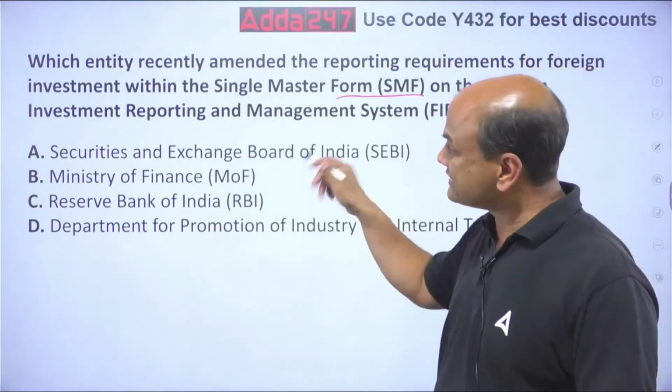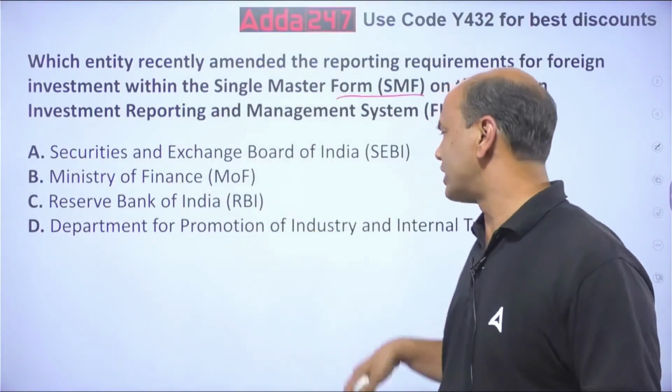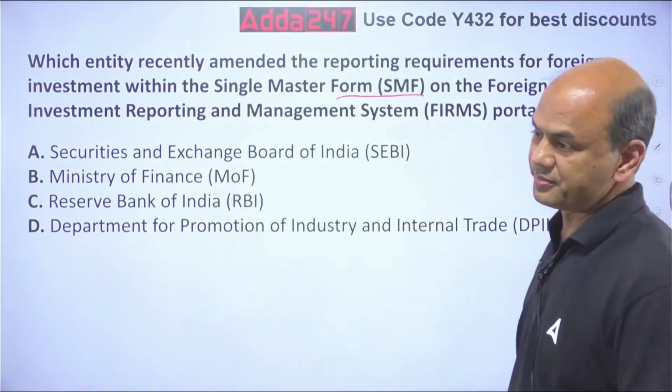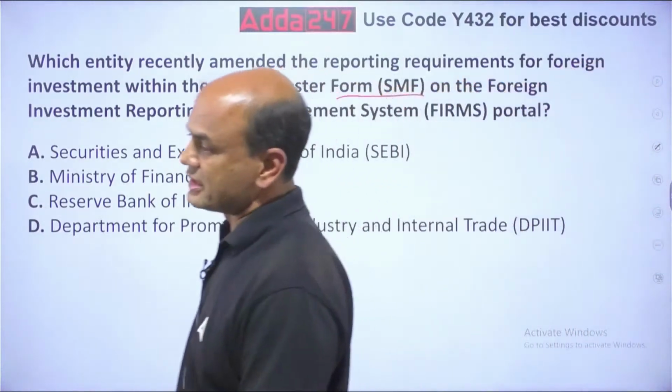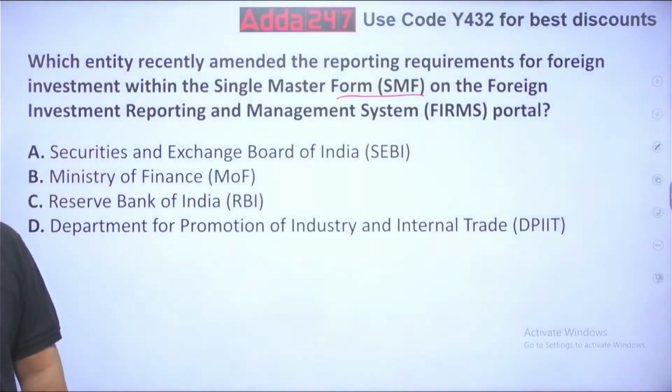So who has done it? SEBI, MOF, RBI or Department for Promotion of Industry and Internal Trade, DPIIT? Think. Now, many of us will get confused over here. Is it SEBI? Because it's related to investments.